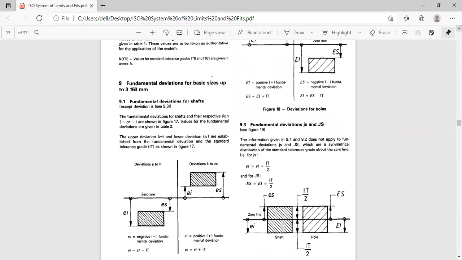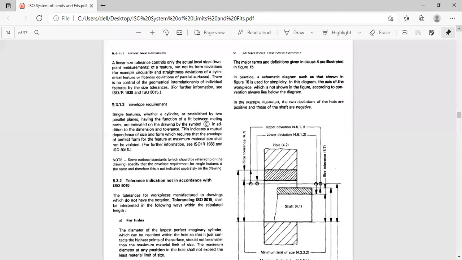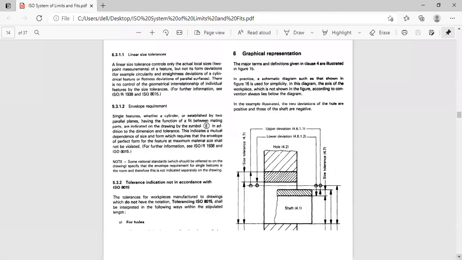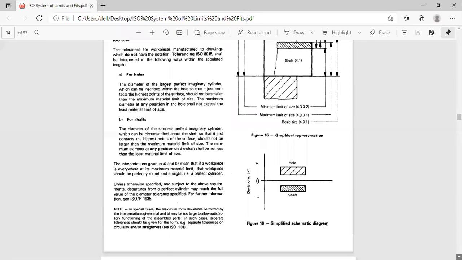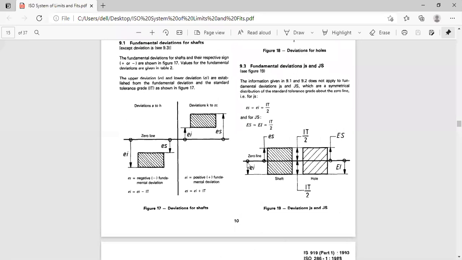He has split up the graphical representation here. So in the basic slide, again I'm going back, here you see K to ZC, how they are shown for the shaft in the lower deviation part. He has shown it in a single diagram, in a single schematic representation. You just try to see how he has shown it.